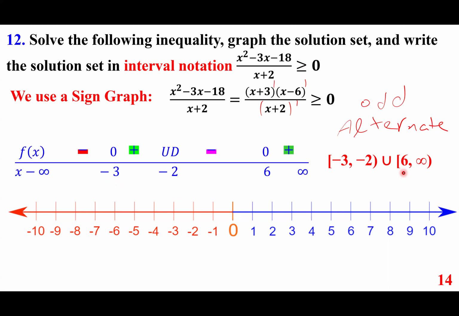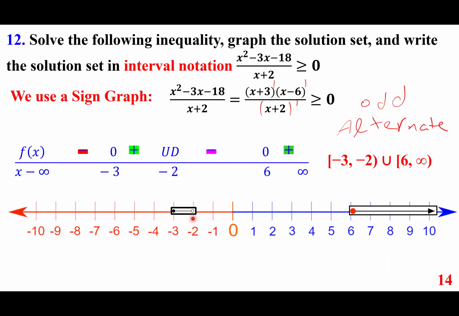That's the final answer. What makes it even interesting, as far as the sign graph and the solution on a number line is concerned, is from 6, so we locate 6 and a solid point or bracket to the right, between -3 and -2, -3 is included, -2 is not.